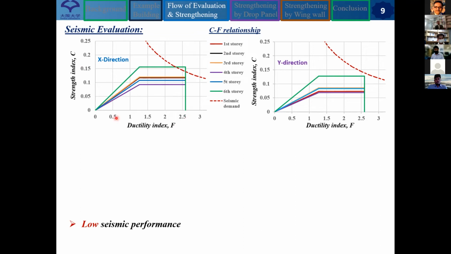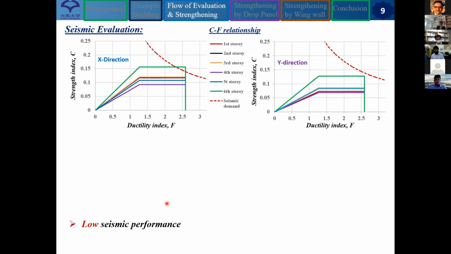Here I am showing the difference between C and F. From here you can see that in the X direction, only this green color, that means the sixth floor, fulfills the requirement of seismic demand. However, for the Y direction, no story satisfies the seismic demand.